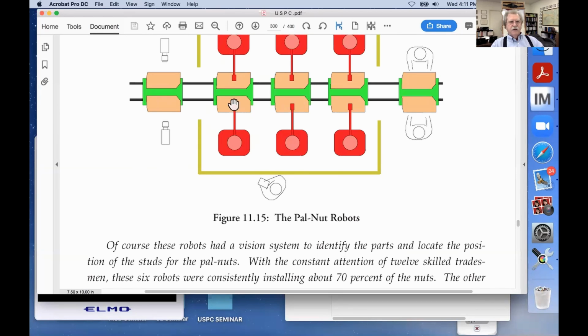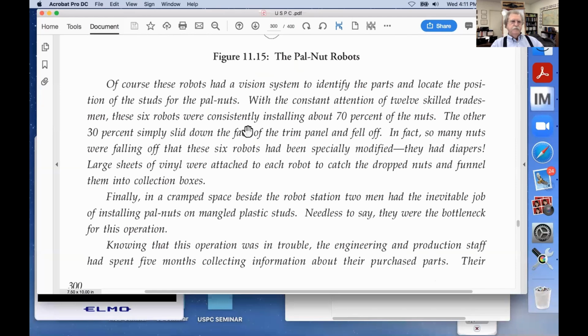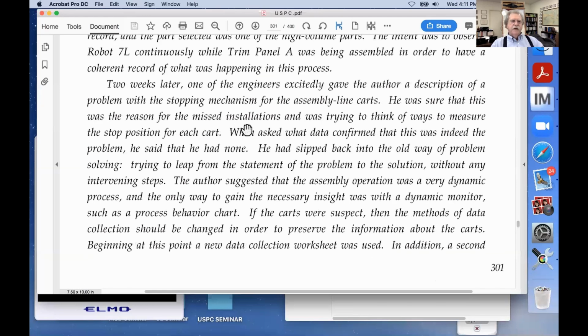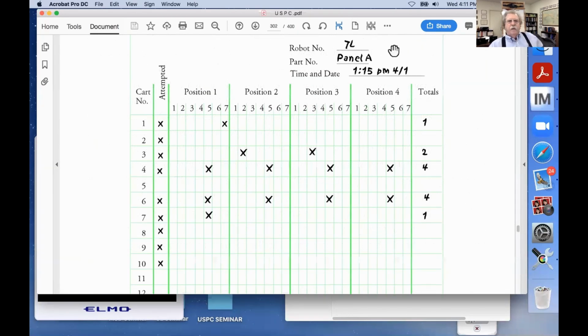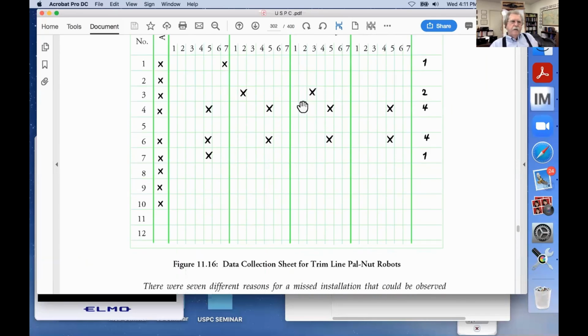There's, I think, six part numbers coming down this line. So we did this with a data collection sheet. Robot 7L, panel A, what time, what day. Whenever a cart number 1 comes by, you put a tick mark here, and that's 4 attempted installations.